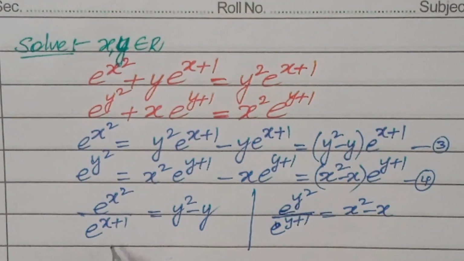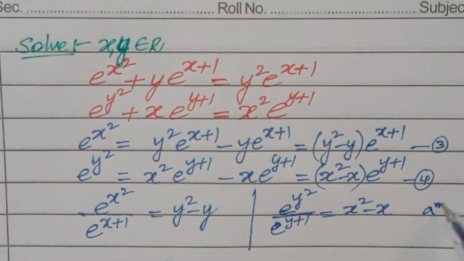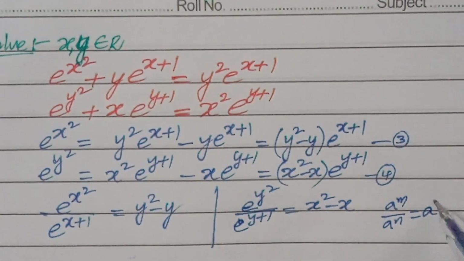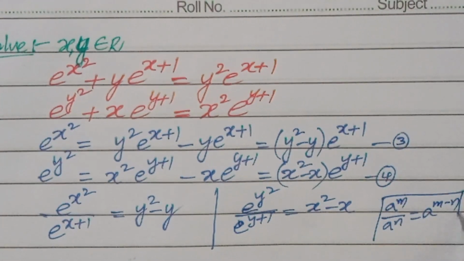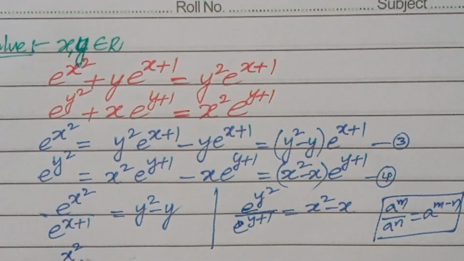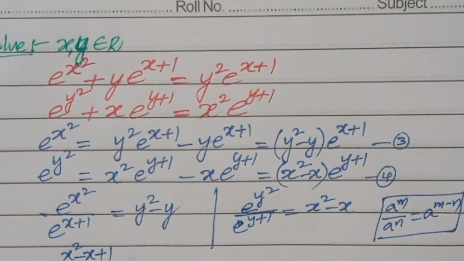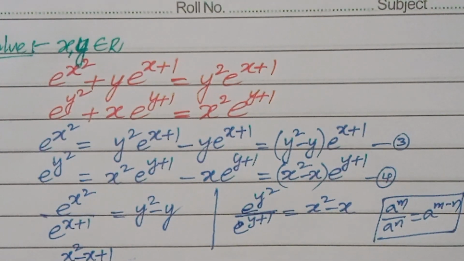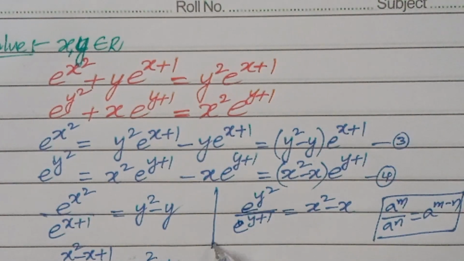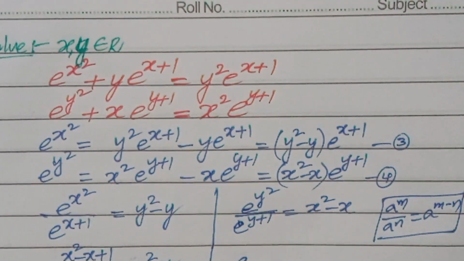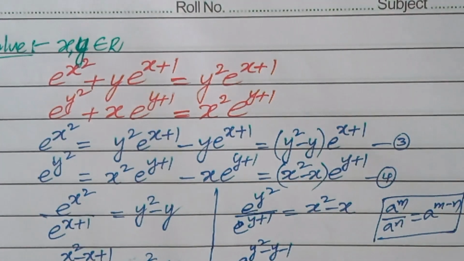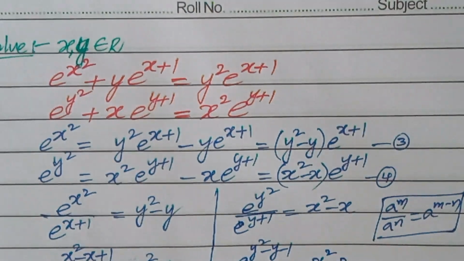Applying the formula a power m by a power n equals a to the power of m minus n, we can write it as e to the power of x square minus x minus 1 is equal to y square minus y. In the same way, e to the power of y square minus y minus 1 is equal to x square minus x.